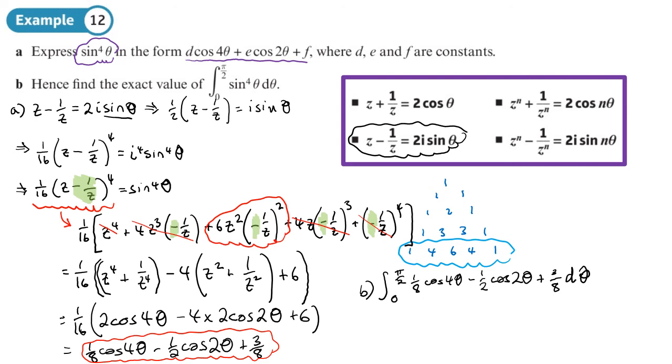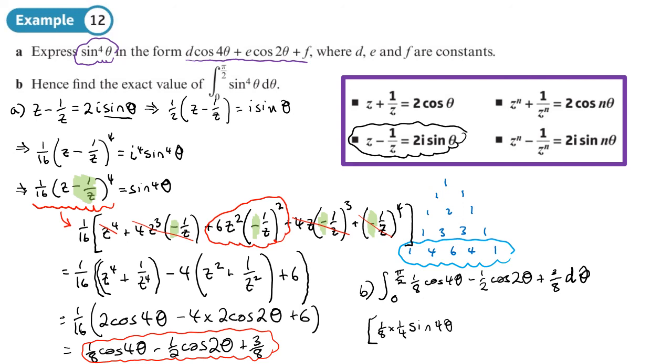So using the chain rule or reverse chain rule, cos 4 theta, that will become 1/8 times a quarter sine 4 theta.